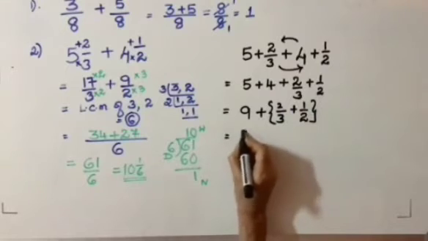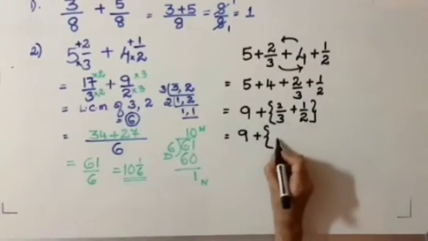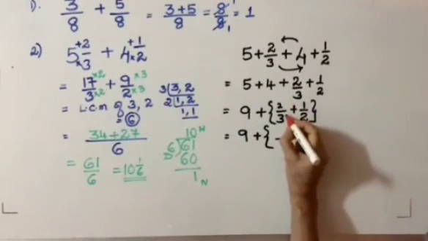Now 9 plus, children, can you tell me the LCM of 3 and 2? It is 6. Do you agree? It is 6. But don't you think we have to change the numerators here? Yes, because the denominator we are changing. So numerator we have to change.